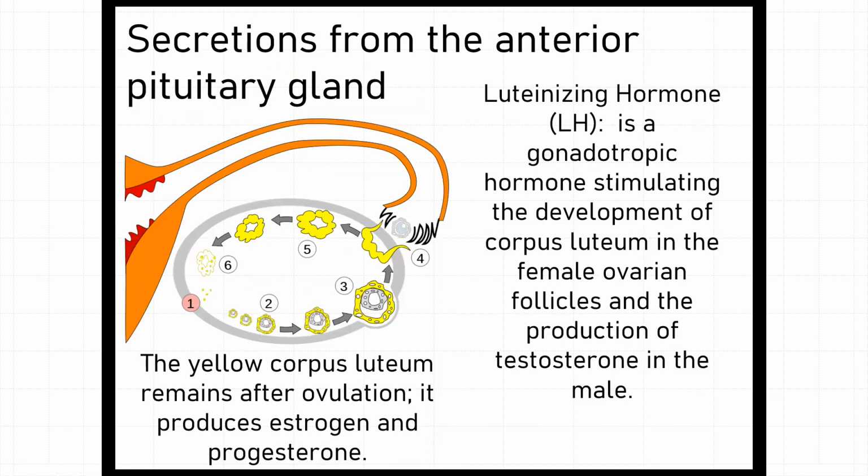Luteinizing hormone is also one of the secretions of the anterior pituitary, and it is again a gonadotrophic hormone, stimulating the development of the corpus luteum in the female ovarian follicles and the production of testosterone in the male. The yellow corpus luteum remains after ovulation. It produces estrogen and the other hormone, progesterone.